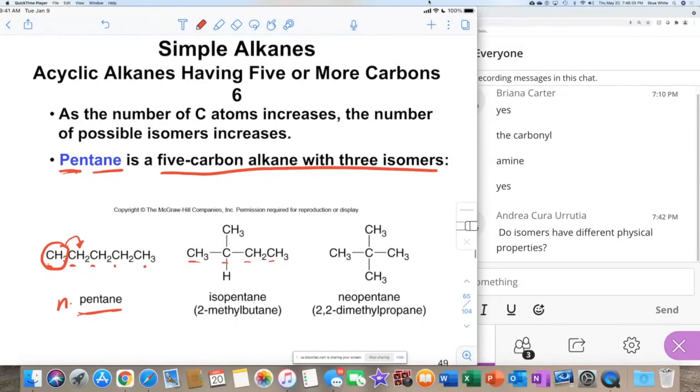So you break this off and make sure that the piece that broke off, the CH3, is not attached. Once it breaks off, this will now become carbon 1, carbon 2, carbon 3, carbon 4. So before you break the corner piece off, this is carbon 1, 2, 3, 4, 5.